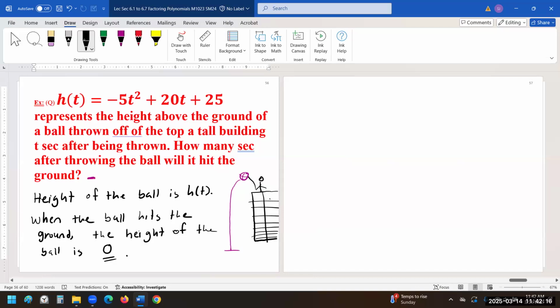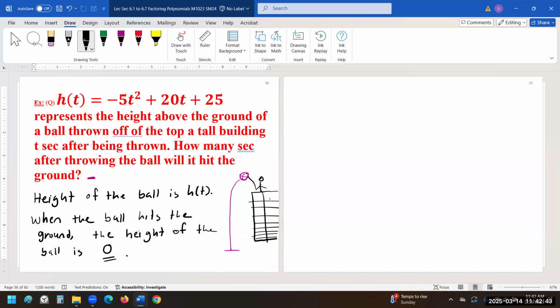So what is this 0? Is this t or is this h of t? H of t, because h of t is the height of the ball. And when the ball hits the ground, our height is 0. So height is 0, means h of t is 0. Because t is time, seconds, time. And h of t is the height.